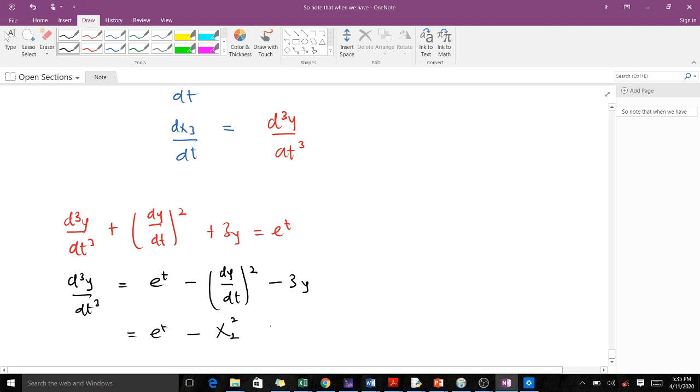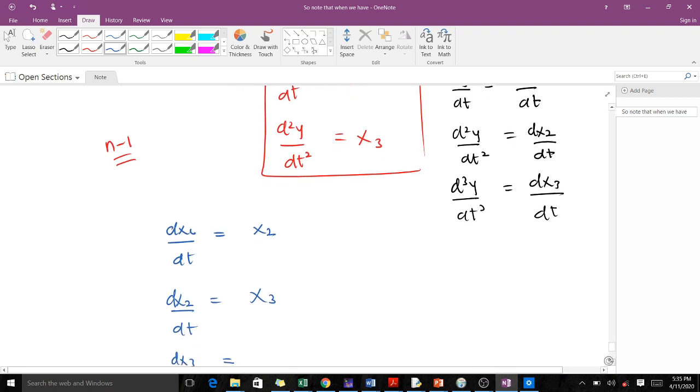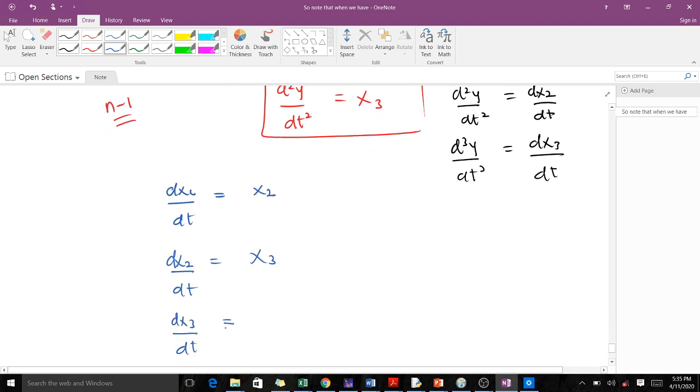Then y is equal to x1, so we have 3x1. So we write e^t minus x2 squared minus 3x1.